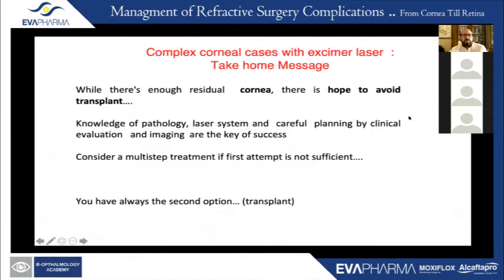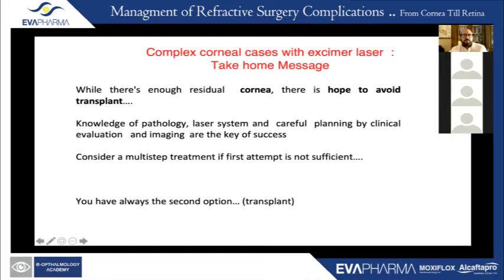So the managing of PRK complications and also of complex cases, this is my take-home message. While there is enough residual cornea, there is hope and no need for corneal transplant.